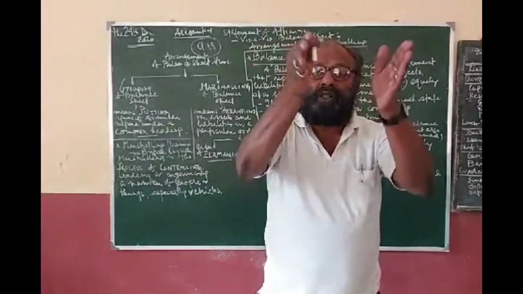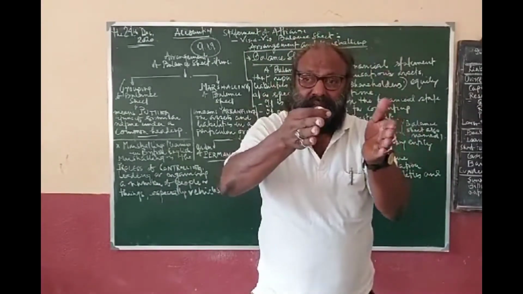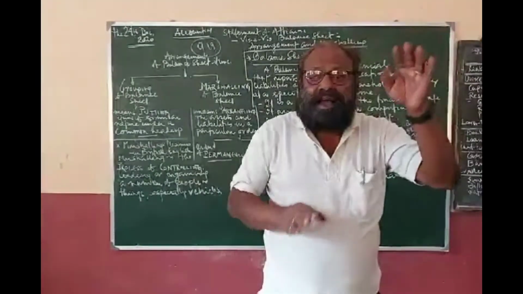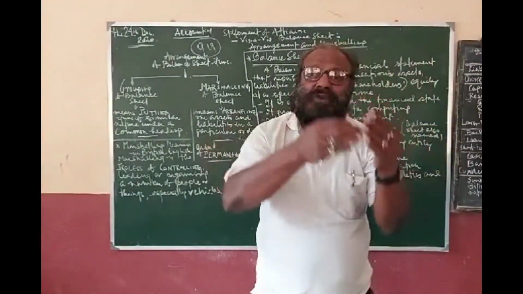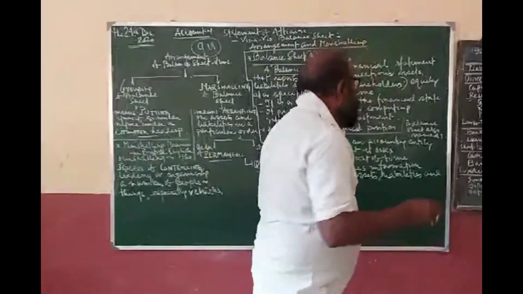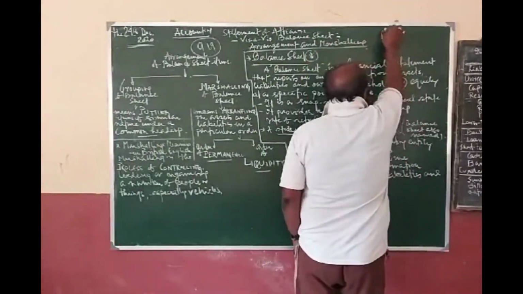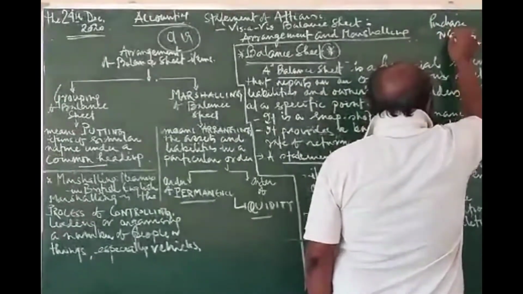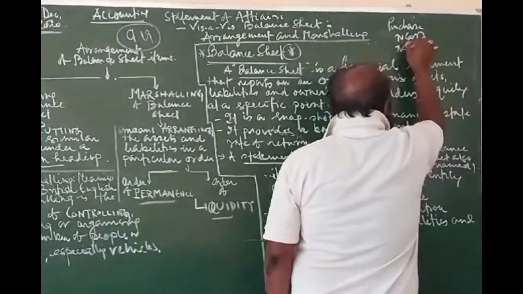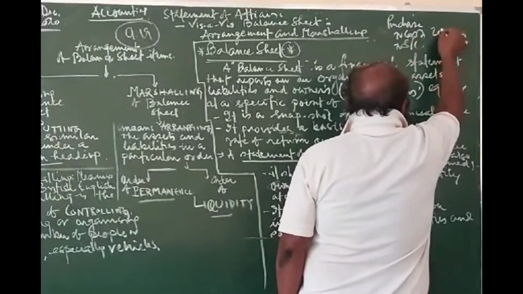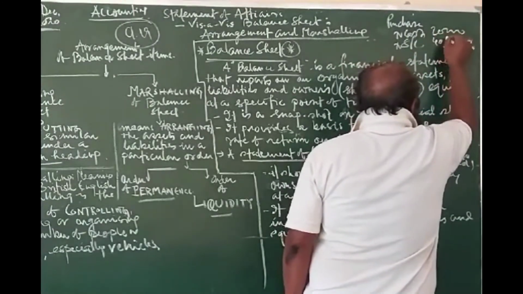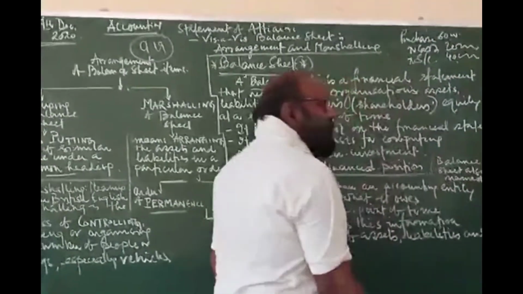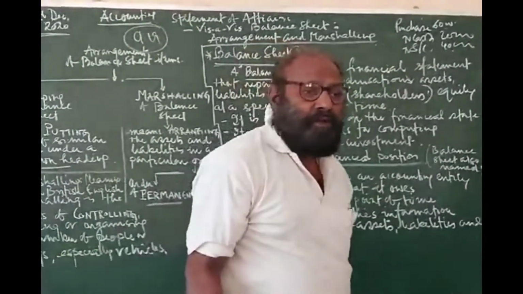And so through the profit or loss account, what do we do? We close all the revenue items. I told you the expenses and losses are neutralized. They are closed down. Just say we have purchased goods for cash or credit. Purchase account debit to cash, purchase account debit to the creditors. Say it is 20,000 and it is 40,000. So total purchase is 60,000. Now, at the end of the year, what do we do?